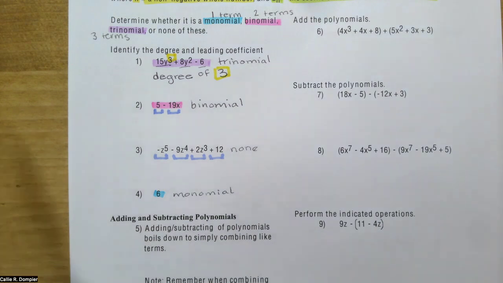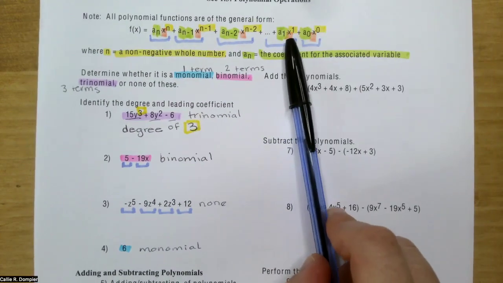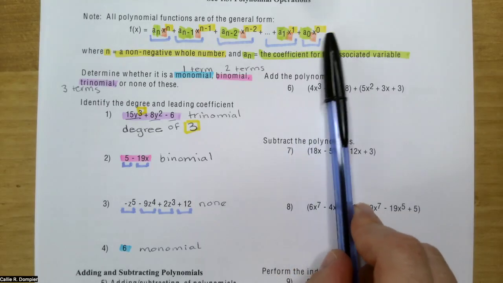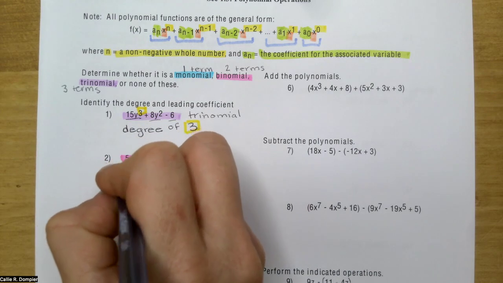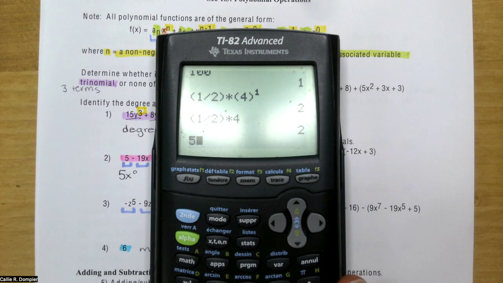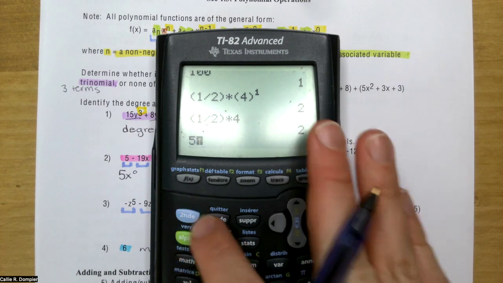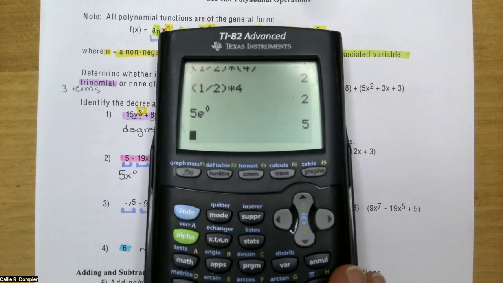Good. Next, remember, descending order. Here's x to the power of 1. Here's x to the power of 0. Remember that 5 is the same as 5x to the power of 0. Just another way to write that.